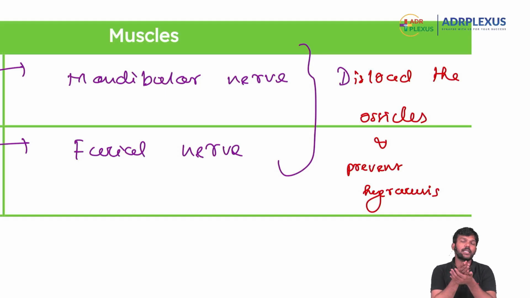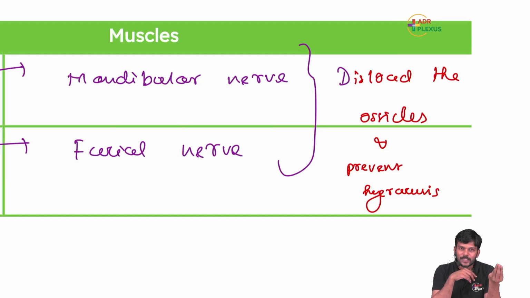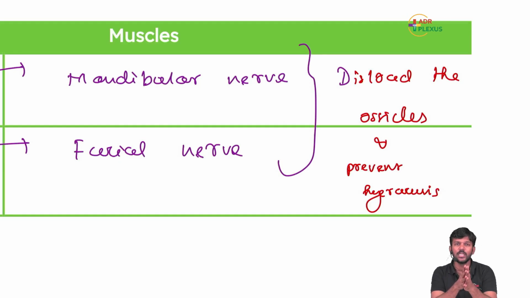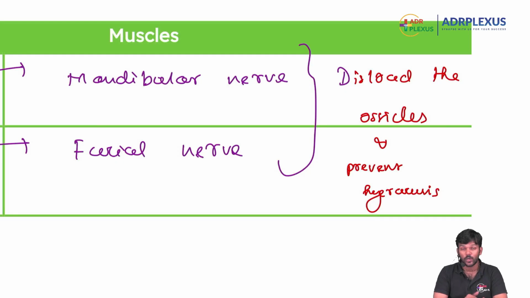Do you get a headache for all those sounds? No. Am I right? Because the ears will get accommodated in such a way that you do not hear loud sounds. So that is called reduction of hyperacusis by these two tendons of the ossicles. It is called the stapedial reflex and non-stapedial reflex for reducing hyperacusis. It will dislodge the ossicles. Only if the ossicles are intact with each other will it conduct the sounds. If the ossicles are not intact with each other, it will not conduct the sounds. As it is not conducting the sounds properly, there will be gross reduction of the sound.